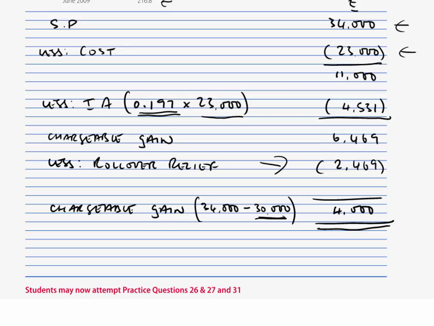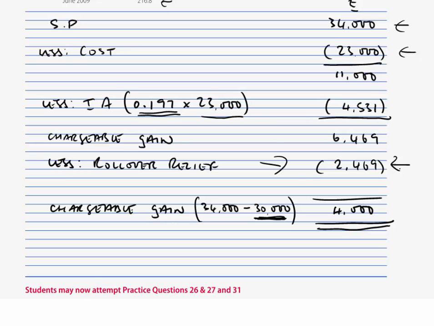Well, the newly acquired asset we know actually cost £30,000, against which we now have rollover relief to deduct of 2,469. So the base cost of that replacement for purposes of a future disposal of that asset would be the cost of 30,000 minus the rollover relief of 2,469. Now put that calculation together.